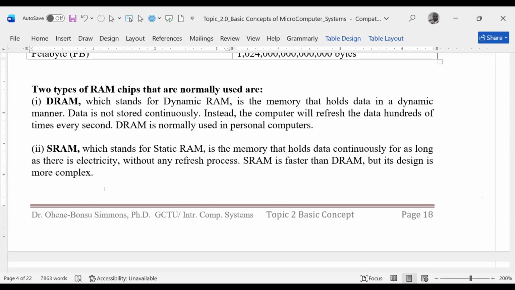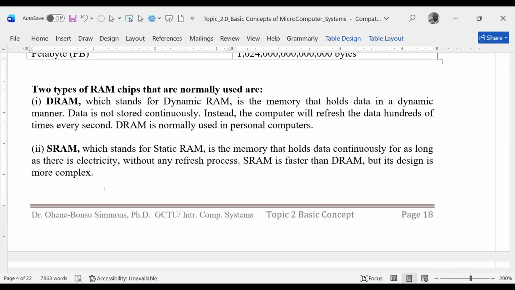That's the DRAM. So dynamic refreshes the memory 100 times so that you can input anything you want. That's why your computer system can put a lot of things in the memory, because the dynamic refreshes the system so that new input can be performed.